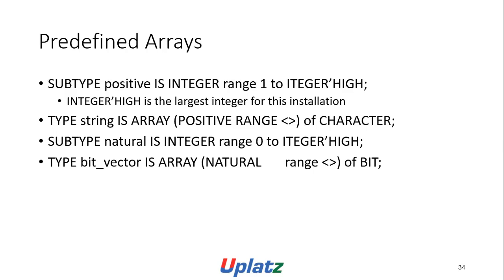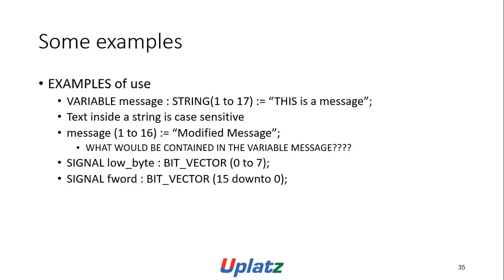Predefined array subtypes: positive is integer range 1 to integer high, where integer high is the largest integer for this implementation. Type string is array positive range of character. Subtype natural is integer range 0 to integer high. Type bit vector is array natural range of bit.